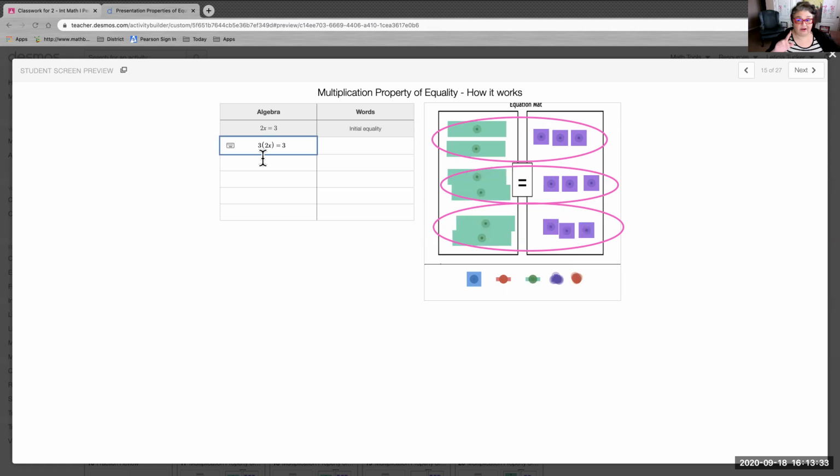Okay, I did say it does not mean multiplication. Parentheses do not mean multiplication. And I'll show you in a second what I mean by that.